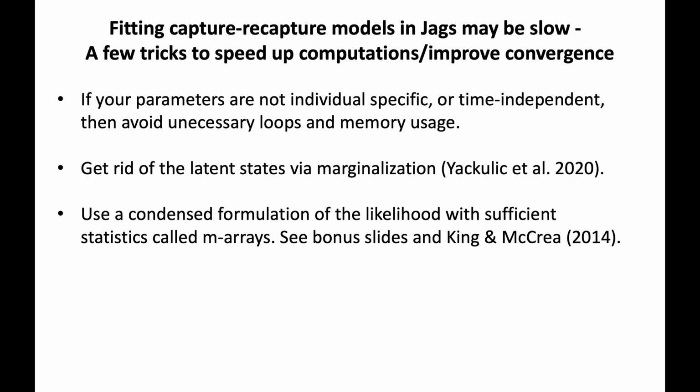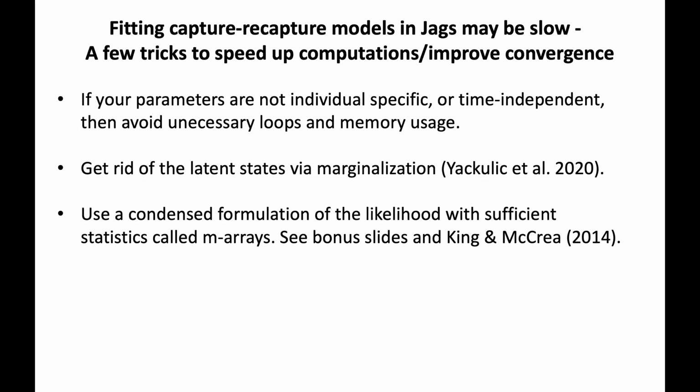This is what we call sufficient statistics. So it's a summary of the data. You're no longer having the capture-recapture data displayed as occasions in columns and individuals in rows, but you have something that is much more condensed, but you still have the same amount of information to estimate your parameters. Okay, so that's the trick.